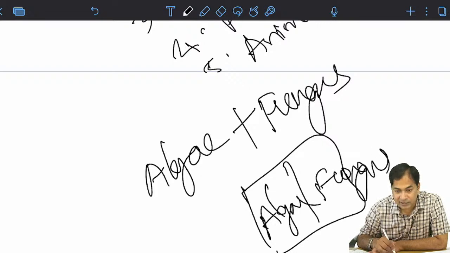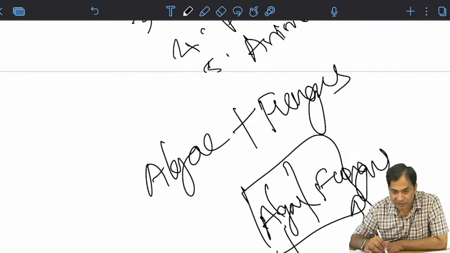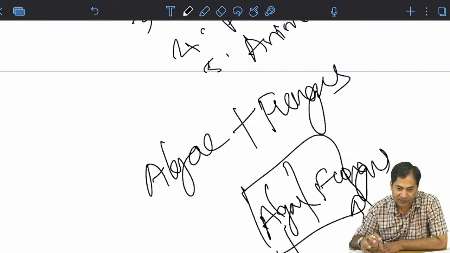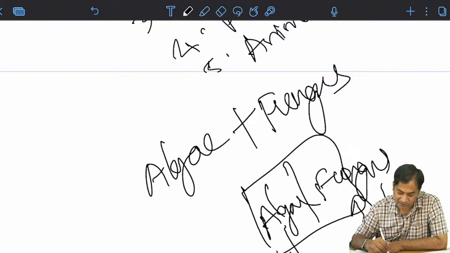Algae have chlorophyll pigment, so they prepare their food by photosynthesis, and that ready-made food algae gives to fungus. Why should algae give ready-made food to fungus? Because fungus is heterotrophic. They cannot prepare their own food because they don't have chlorophyll pigments. But fungus is very good at absorbing nutrients from the soil. So it will absorb nutrients and give them to algae, because algae is very weak in absorbing nutrients.